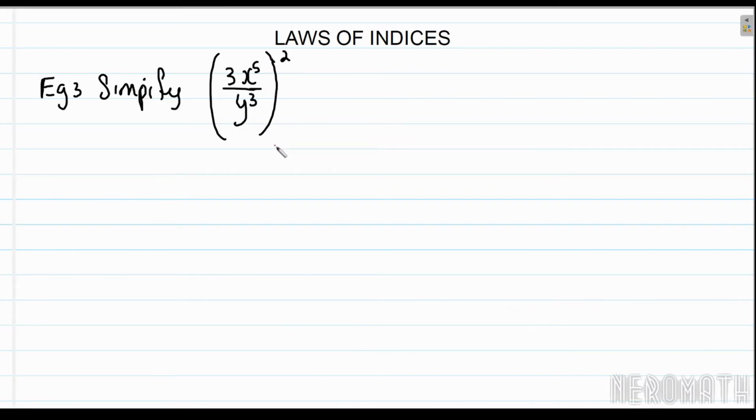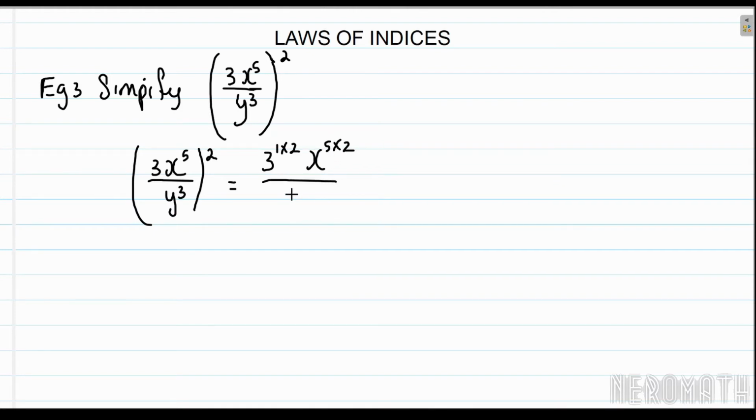Now in example 3, I have 3 multiplied by x to the power of 5 divided by y to the power of 3. All that is in brackets to the power of 2. So now I'll use this 2 and multiply it by all the powers inside the brackets. So what I'll get is 3 to the power of 1 multiplied by 2, because remember 3 is 3 to the power of 1, x to the power of 5 multiplied by 2 over y to the power of 3 multiplied by 2.